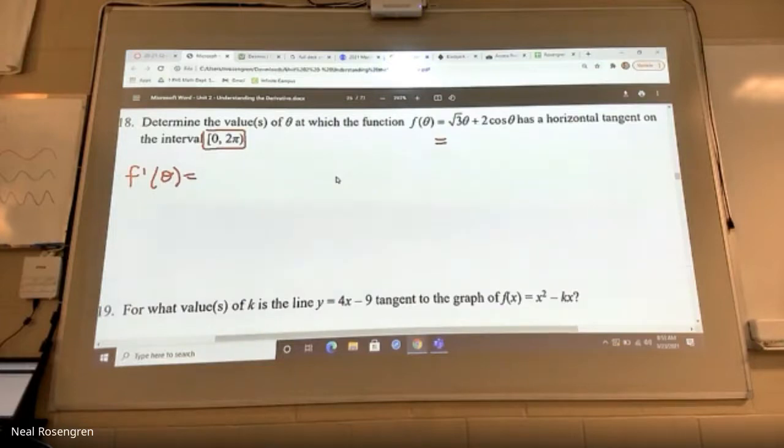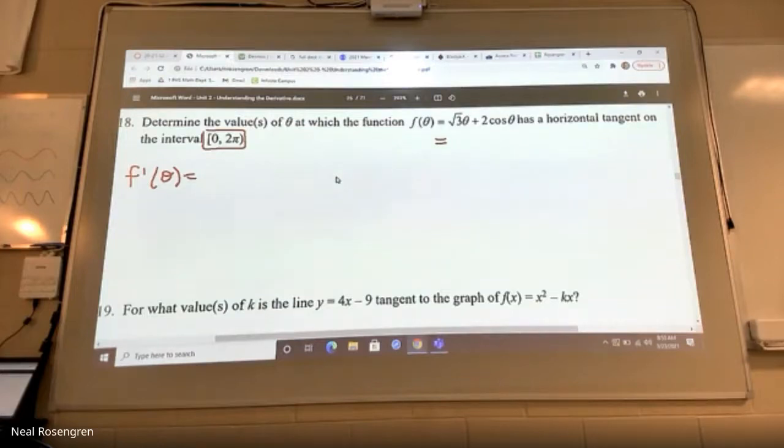Or does that square root initially throw you off? Well, hold on, take a look at it. Is there really anything wrong with the way that this function is written?